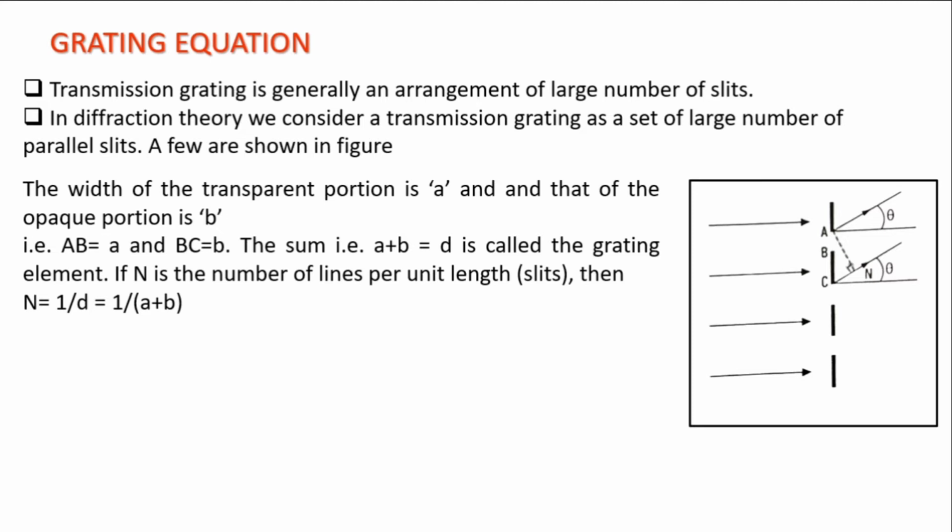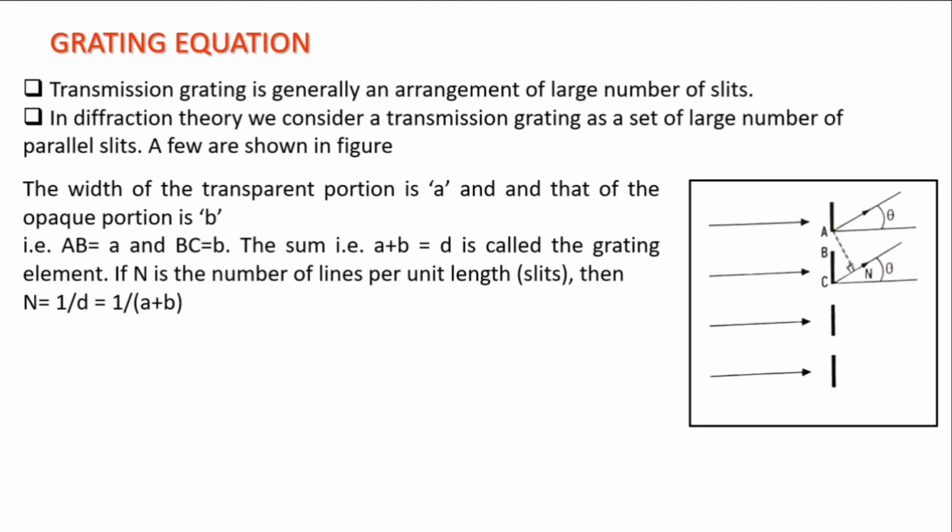Here the width of the transparent portion is a and that of the opaque portion is b. AB is equal to a and BC is equal to b. And the sum a plus b is equal to d, called the grating element. That is this much distance, AB plus BC.